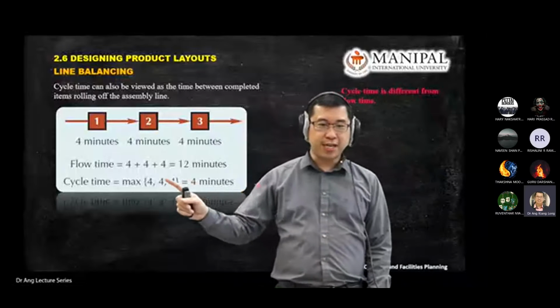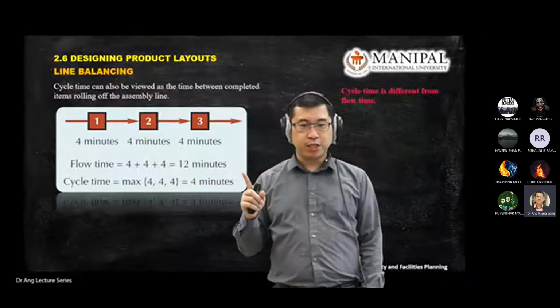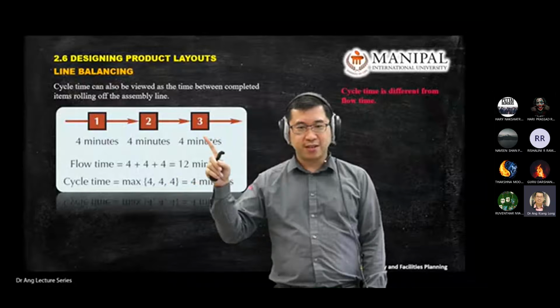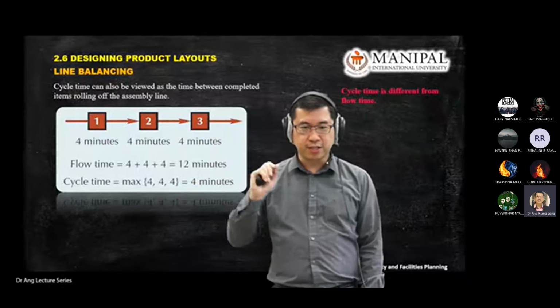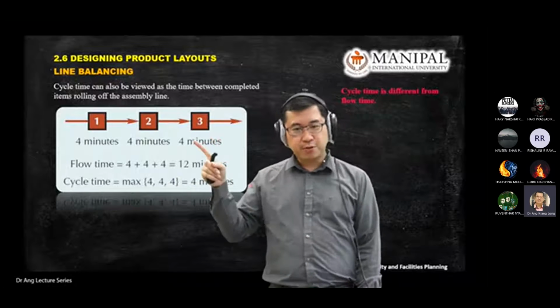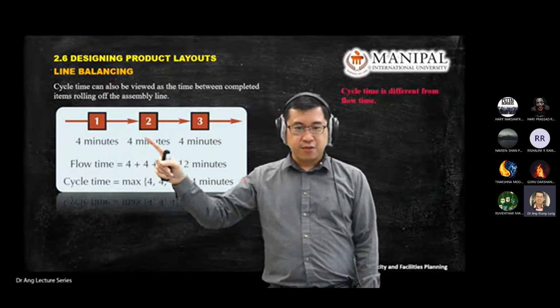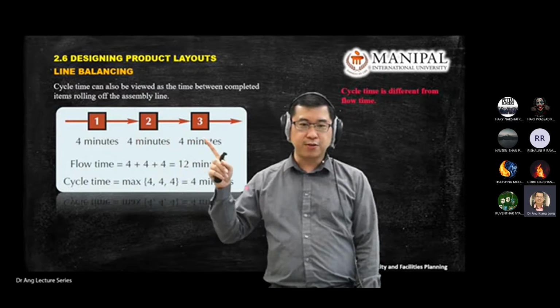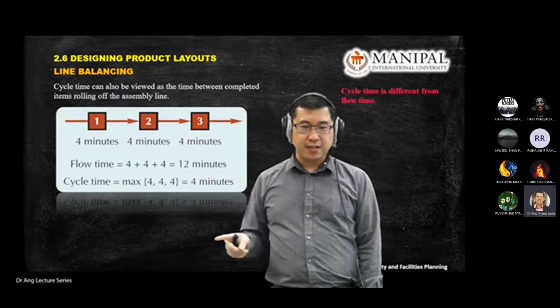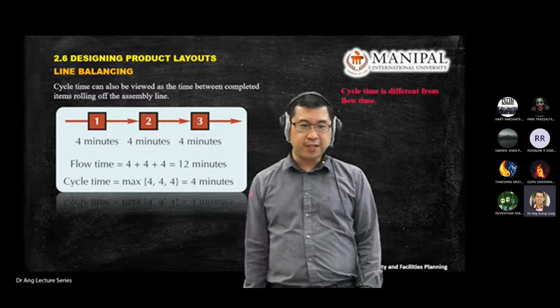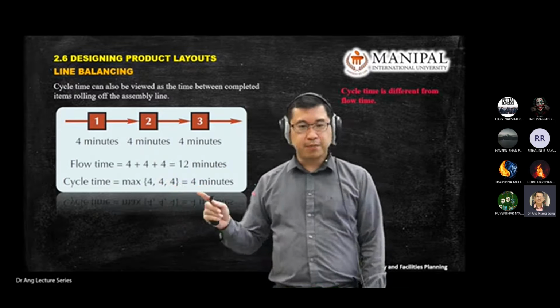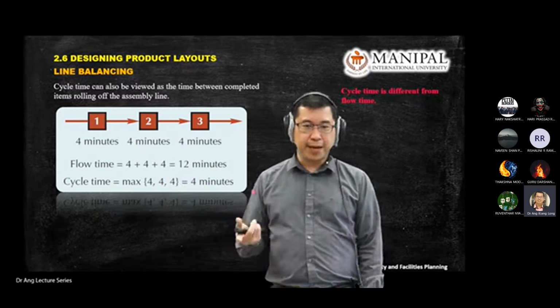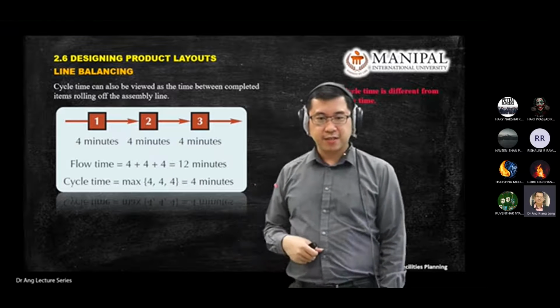Important is the concept of cycle time. You always pick the highest time spent in the workstation. Even if I reduce this one to 1, so 4 minutes, 4 minutes, 1 minute, for the last station, even if you spend 1 minute here, the cycle time is still 4 minutes. It means the maximum time I need to wait in my planning is 4 minutes.